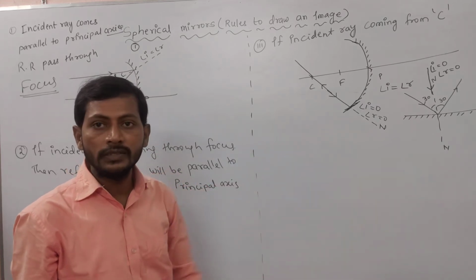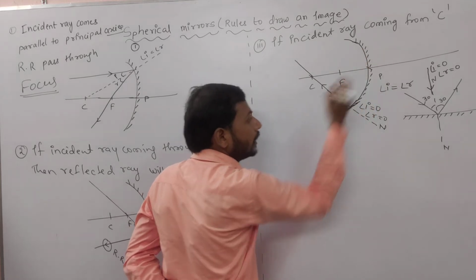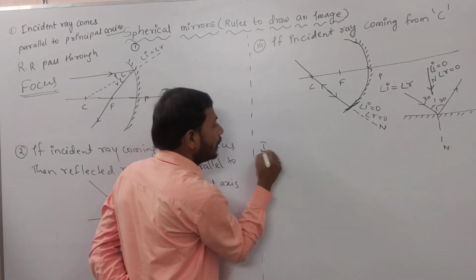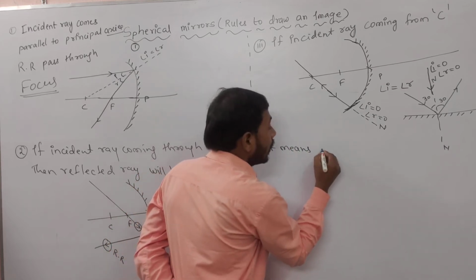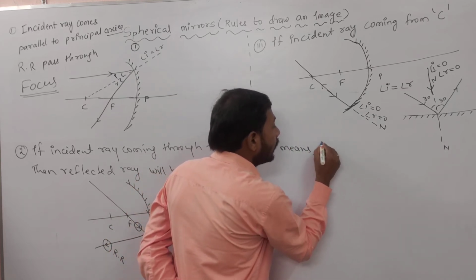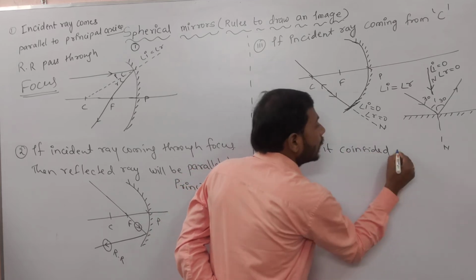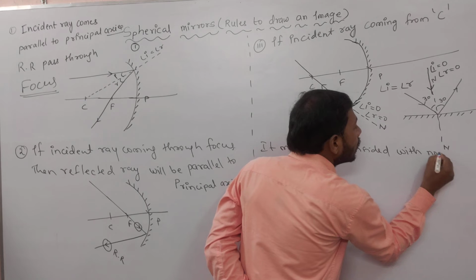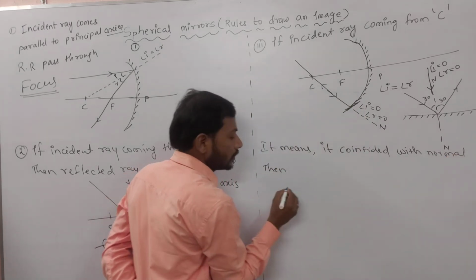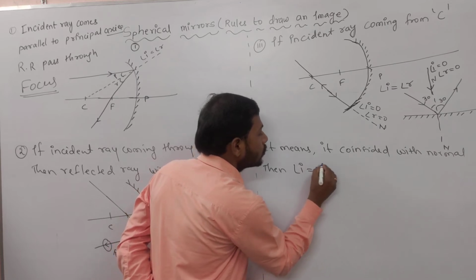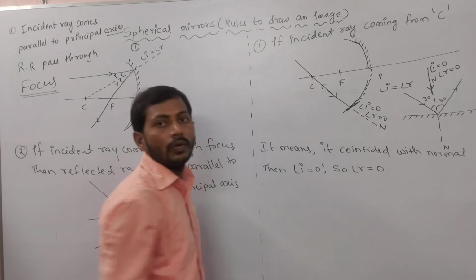Write here two sentences. First I am writing here: if the incident ray is coming from the center, it means it coincides with the normal. Then angle I equals 0, so angle R should be 0.